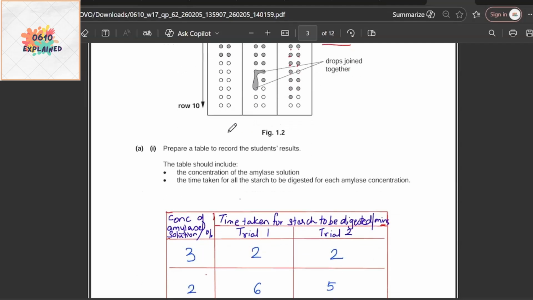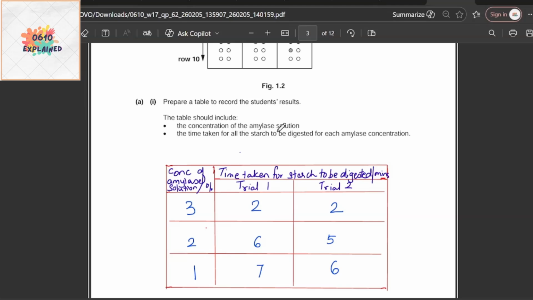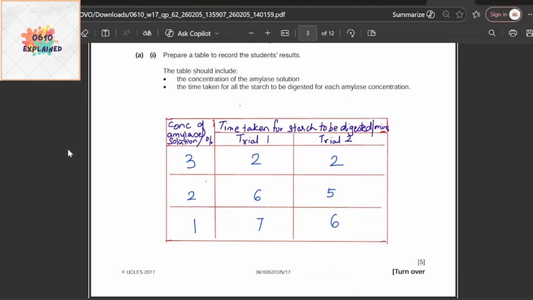Now prepare a table to record the students' results. The table should include the concentration of amylase solution and the time taken for all the starch to be digested for each amylase concentration. Now, we always start the table by writing the independent variable on the left side of the table.